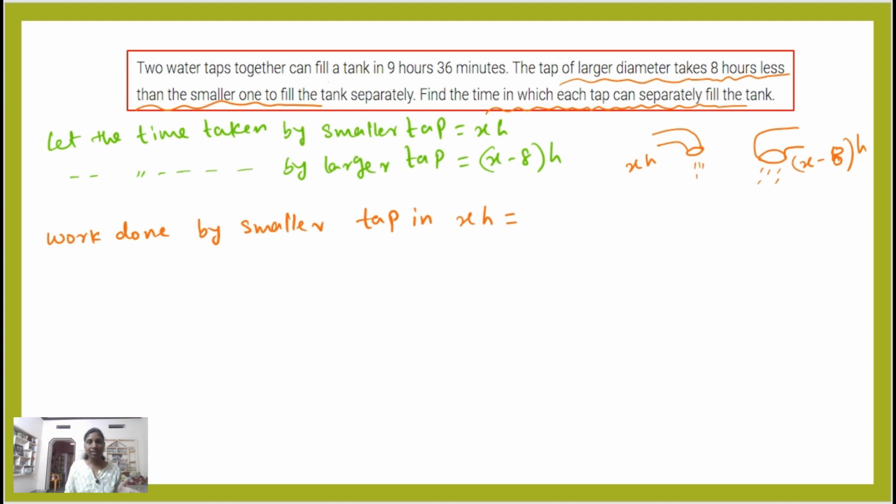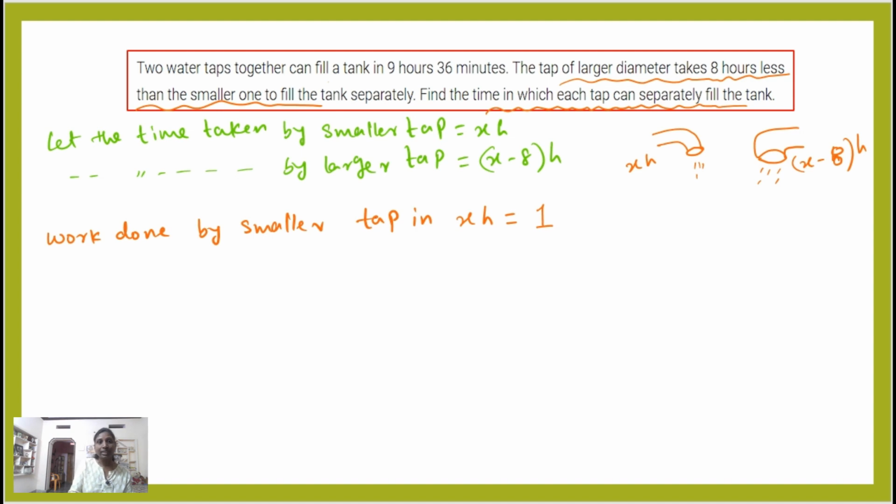What is that work? Filling the tank completely. It is one complete work, a whole. So I can write it as 1. Work done by the smaller tap in X hours is equal to 1. This line is very important.